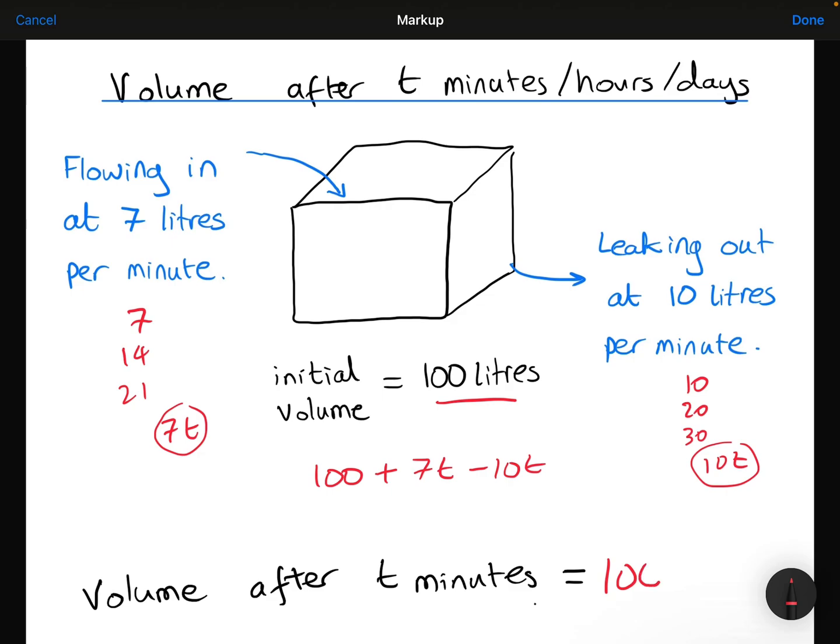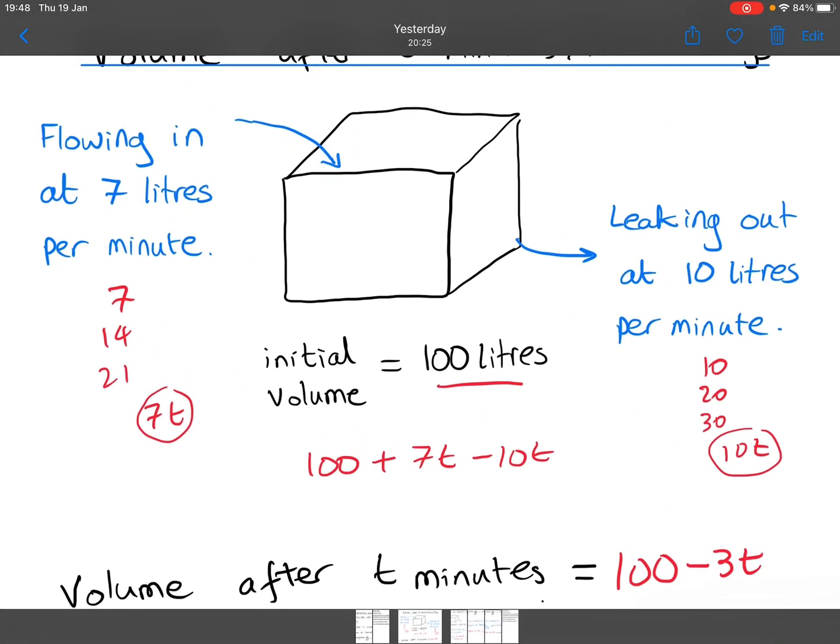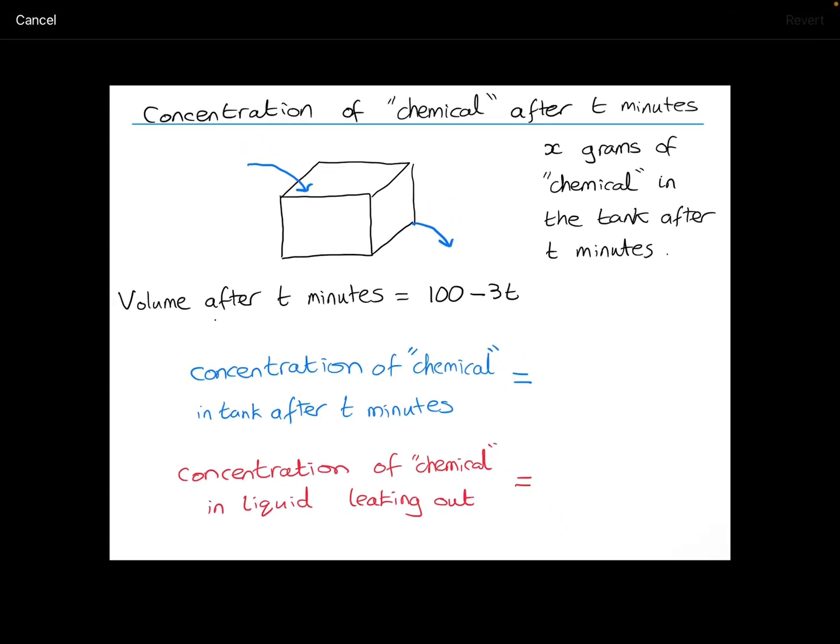So it would be 100 minus 3t. So that will tell me the volume of water inside this container after t minutes. That's your first step in solving these problems. Next step.